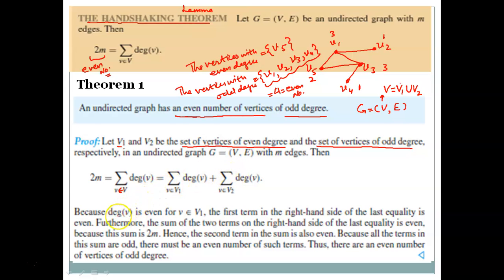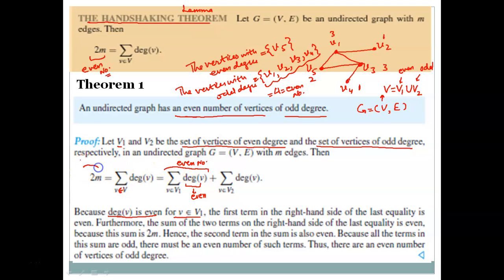Now, degree of v is even if v belongs to V1. So here all the values are even and the sum of even numbers is again even. So in fact this whole term is an even number.